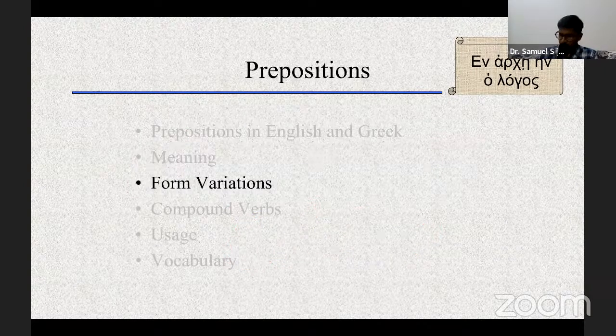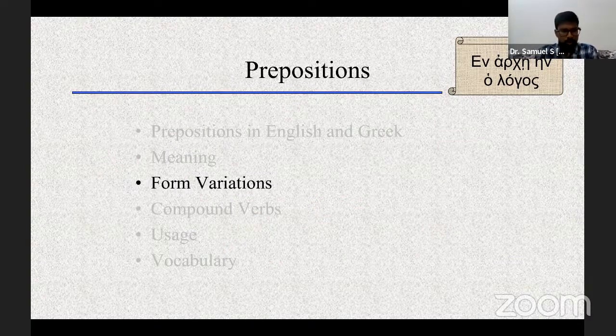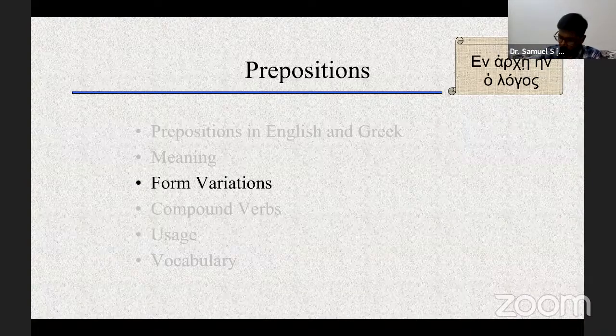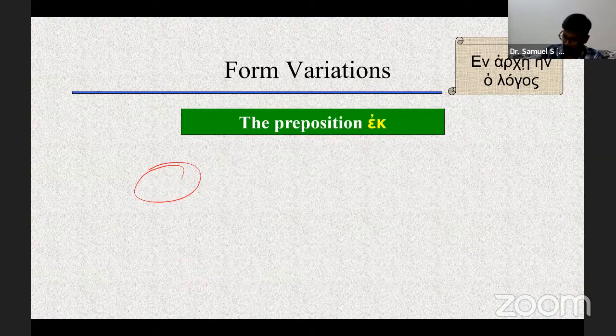Now, prepositions also vary the form. So these guys are quite varied, right? They vary their meaning based on the case of the object. Now they also vary their form. What do we mean? Now take, for example, the preposition ek.